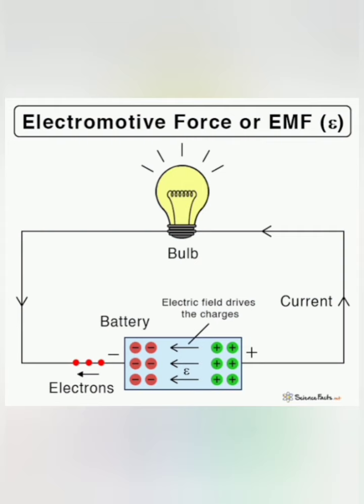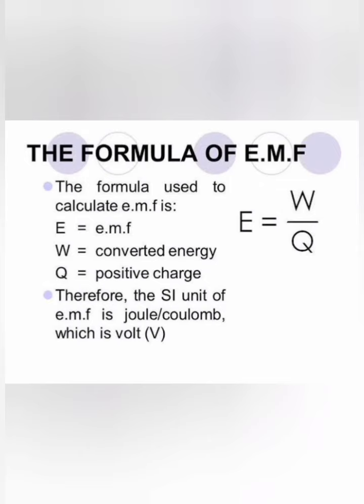During this process, the chemical action of the cell has done a certain amount of work, say W in joules. Hence the potential difference between the two plates is W by Q, work done by charge. Work done is in joules and Q is in C, so J by C.